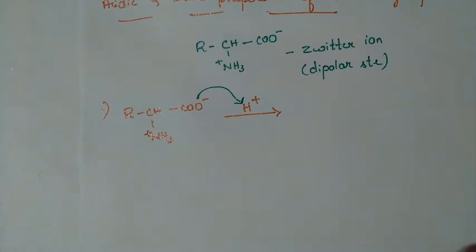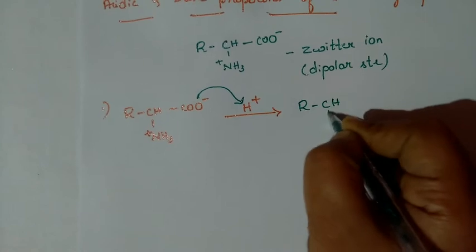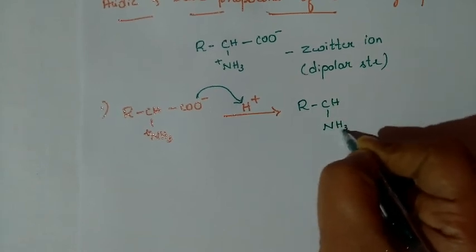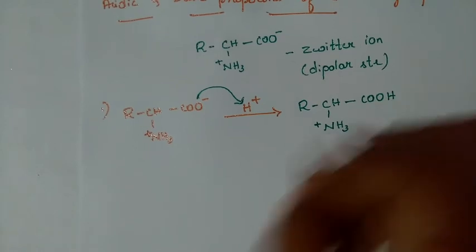If it is accepting an H plus ion, then that group or that particular molecule is called a base. So R, CH, we have NH3 plus as it is, and it becomes COOH.